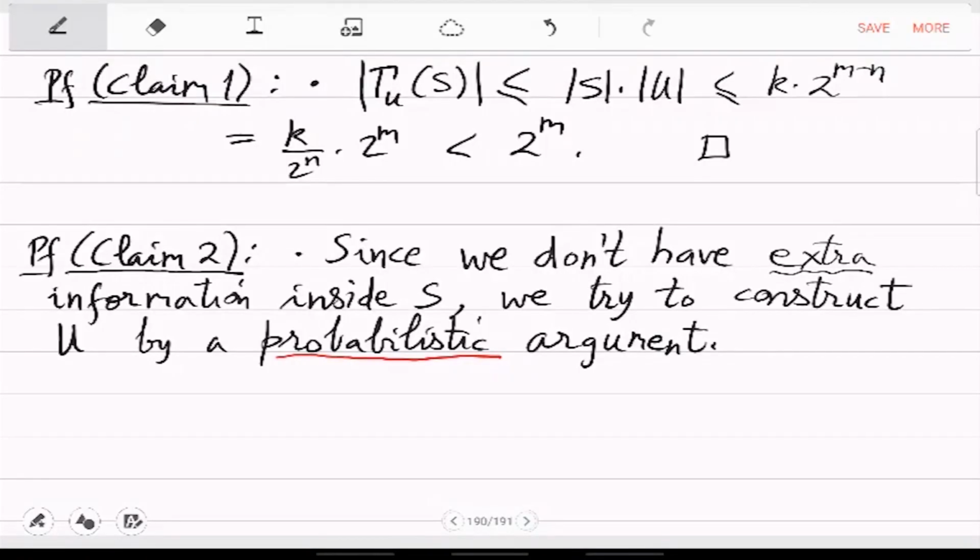So how do you use size of S, right? That's the point of this. So choose U1 to UK randomly.